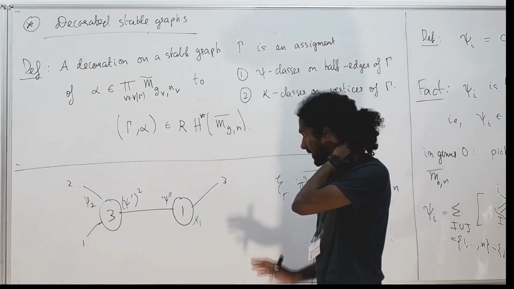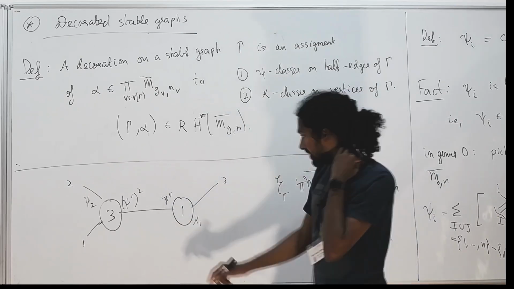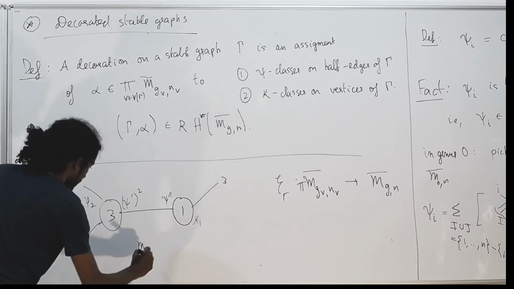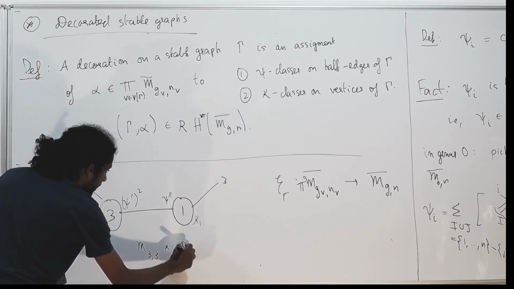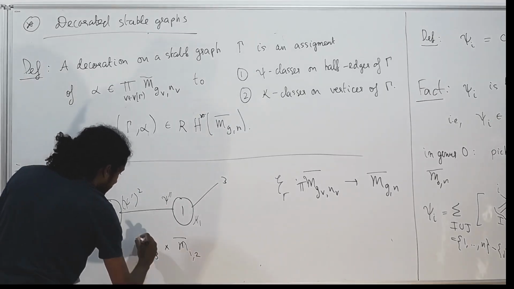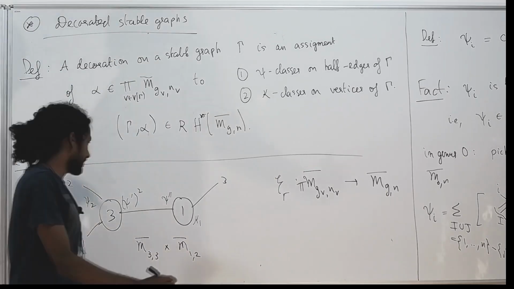So in this case, I have M genus 3 with mark points, M_{3,3} bar, and M_{1,2} bar.